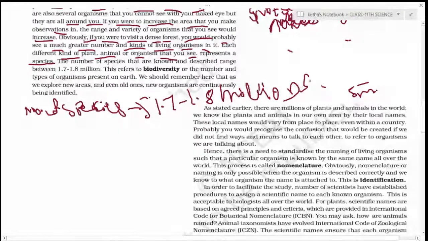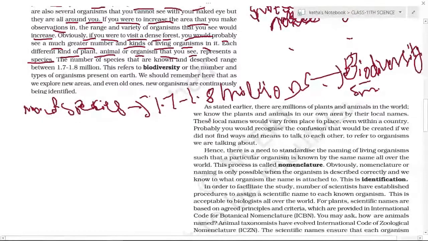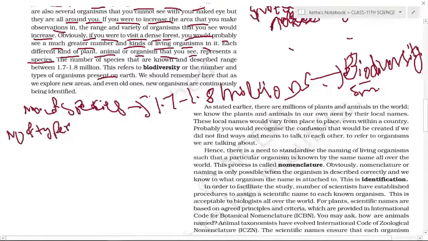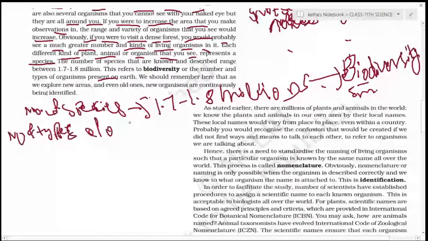This refers to biodiversity, or the number and types of organisms present on Earth.